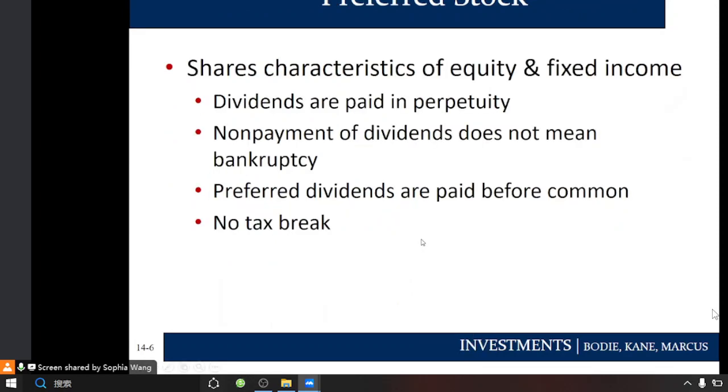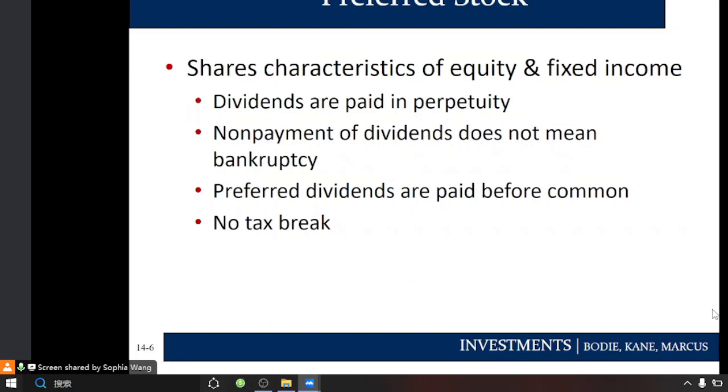And there is a very special one, preferred stock, because preferred stock is something like both the normal stock and the bonds. Preferred stock shares characteristics of equity and fixed income.